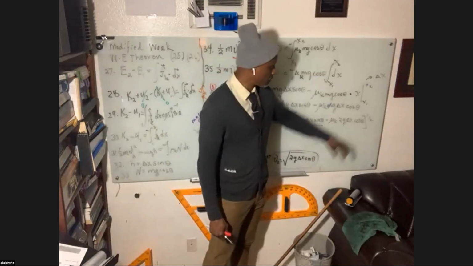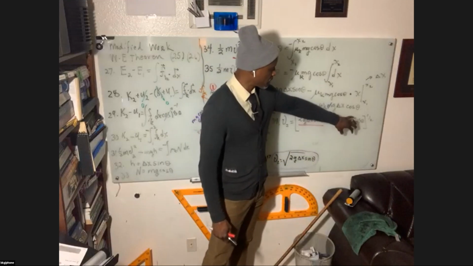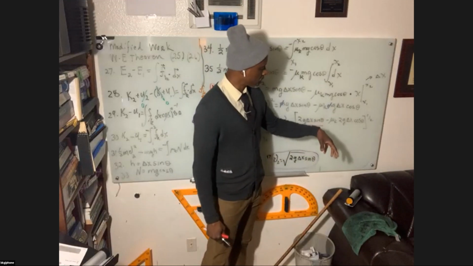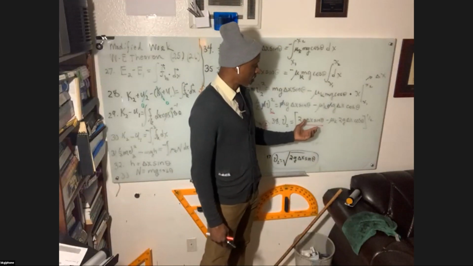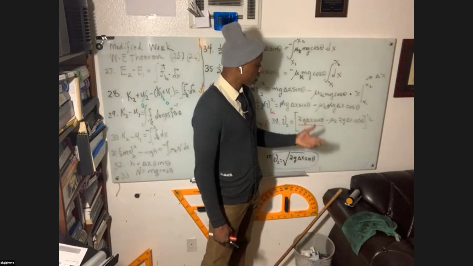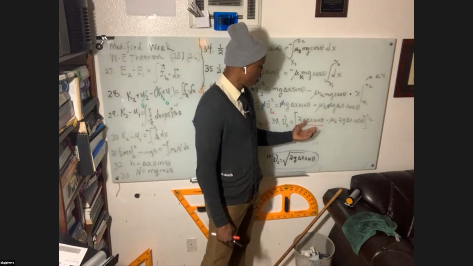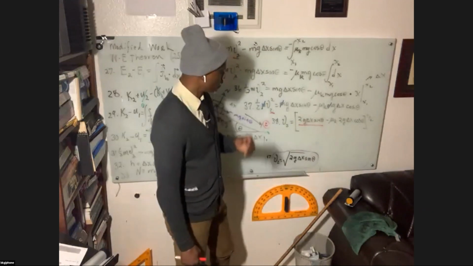It's not energy now, it's velocity, but that is a term associated with the energy taken out of the system. And this term is associated with putting energy into the system, or at least converting potential energy into kinetic energy from the force of gravity.